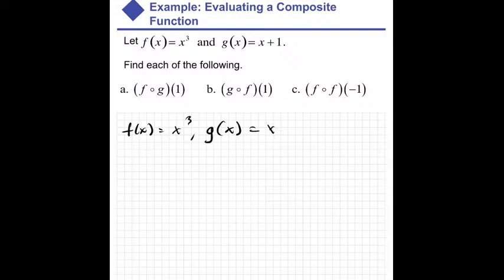Part A asks us to find f of g of x. Again, what does this mean? If we have f of g of x, this means the second function inside the first function. So we take our f of x and plug g of x inside of that function. Actually, let me back up. This one wants f of g of 1.